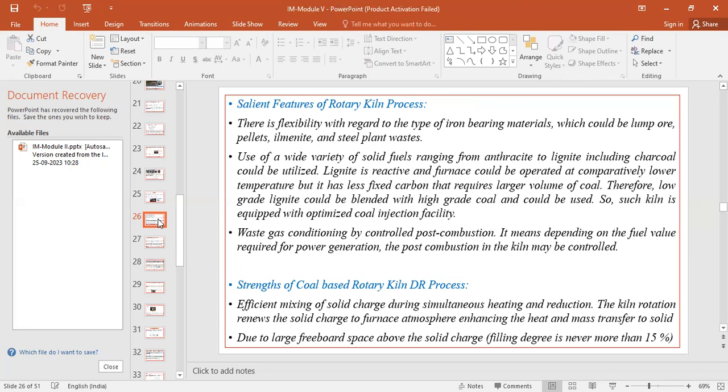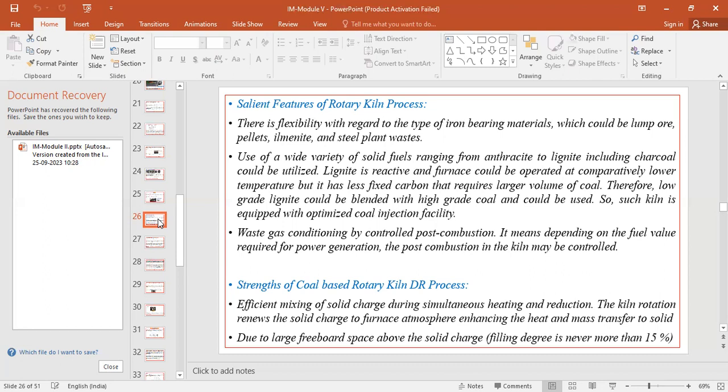So that is the great flexibility we have, and in that way the cost of the raw materials is also reduced. Then there is waste gas conditioning by controlled post-combustion. That means depending on the fuel value required for power generation, post-combustion in the kiln will be controlled.